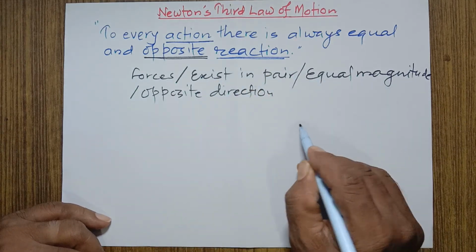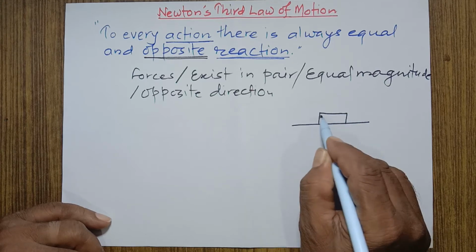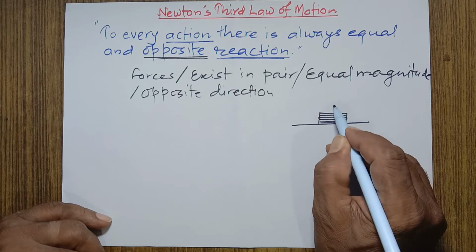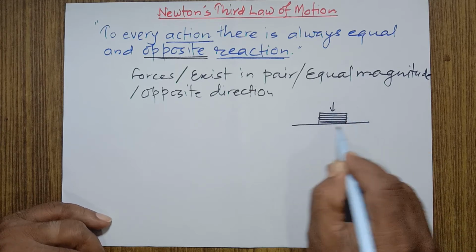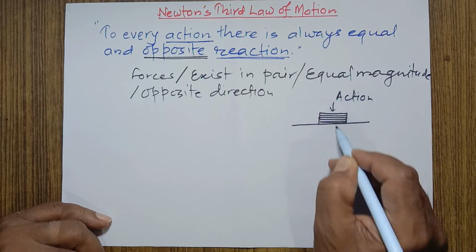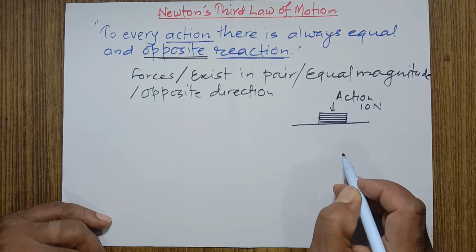Just for example, if a book is lying on the table, let's say, then what can we say? The force which the book applies on the table is called action. If it is applying 10 Newton force, then 10 Newton is the action force.